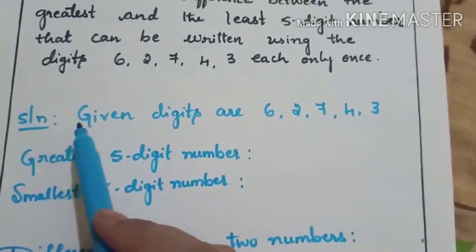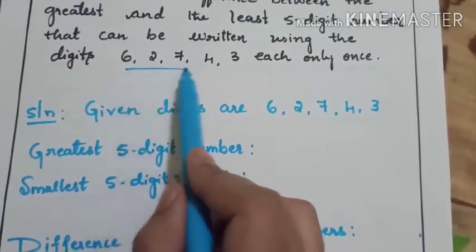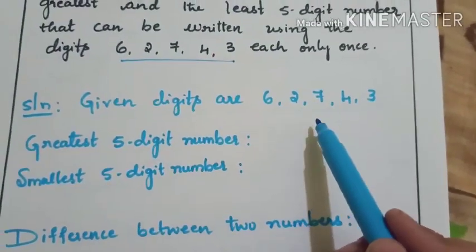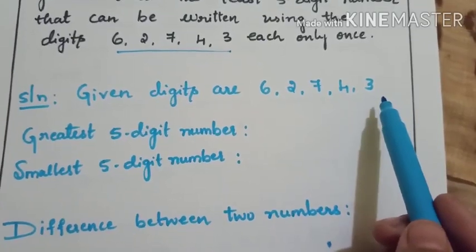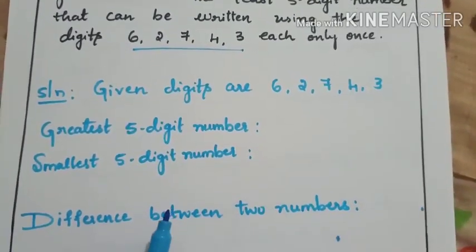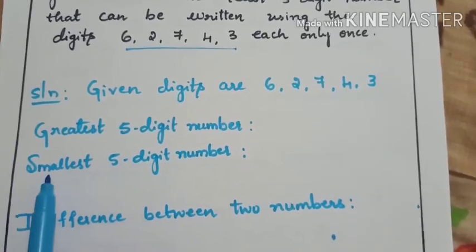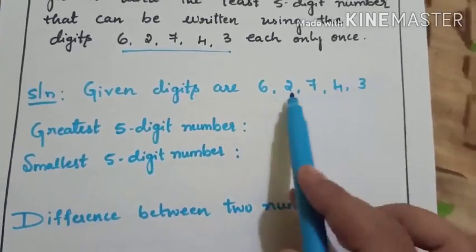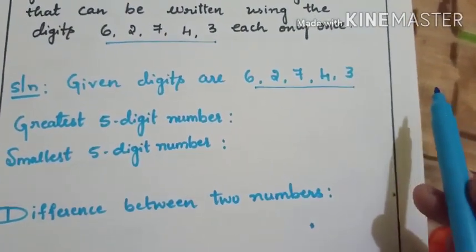First write down the given data. Given digits are, which are the given digits? 6, 2, 7, 4, 3. Now you should form the greatest 5-digit number and the least 5-digit number using these given digits. Come, let's write.